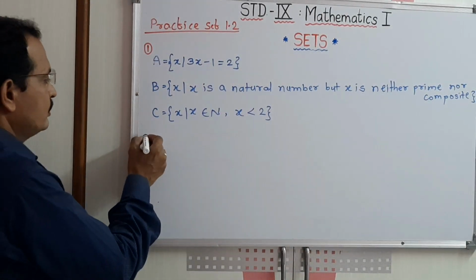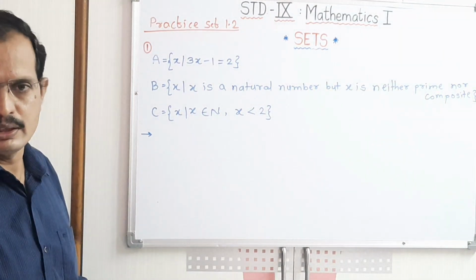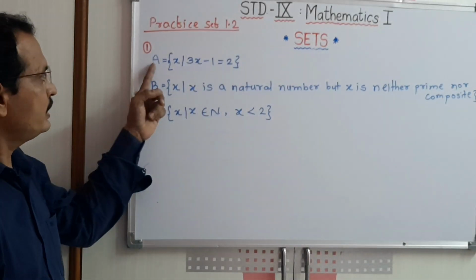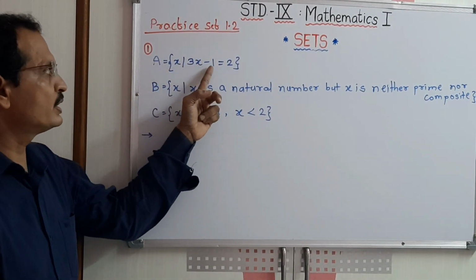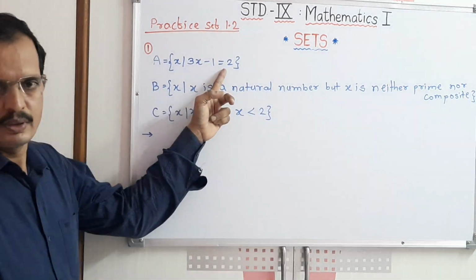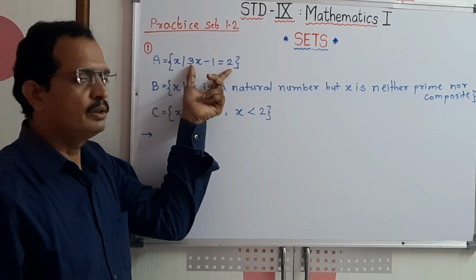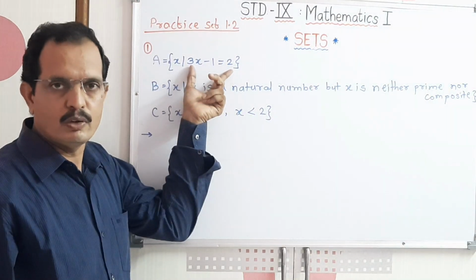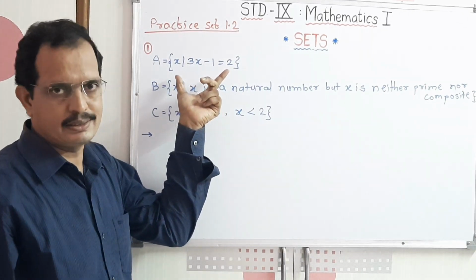Therefore, set A is given, we have to write it in list method. A is a set of x such that 3x minus 1 equals 2. That means from this equation, we have to find out the value of x, and that value of x is the element of that set.